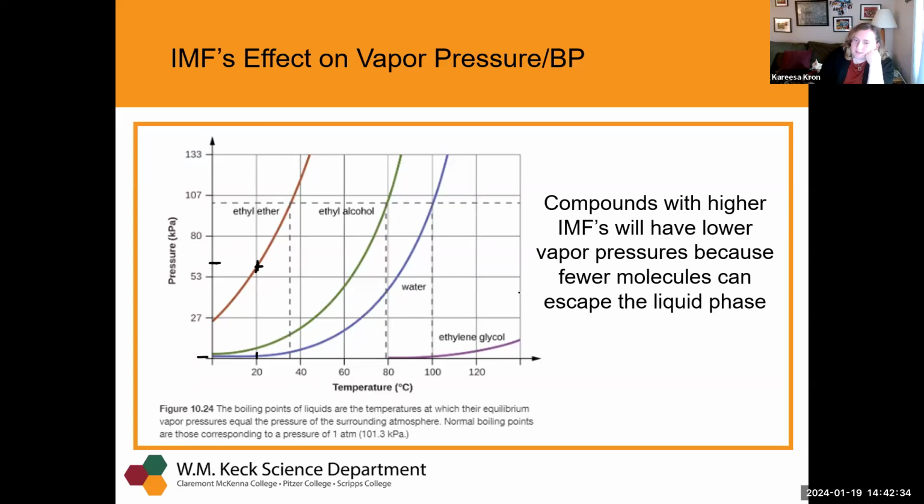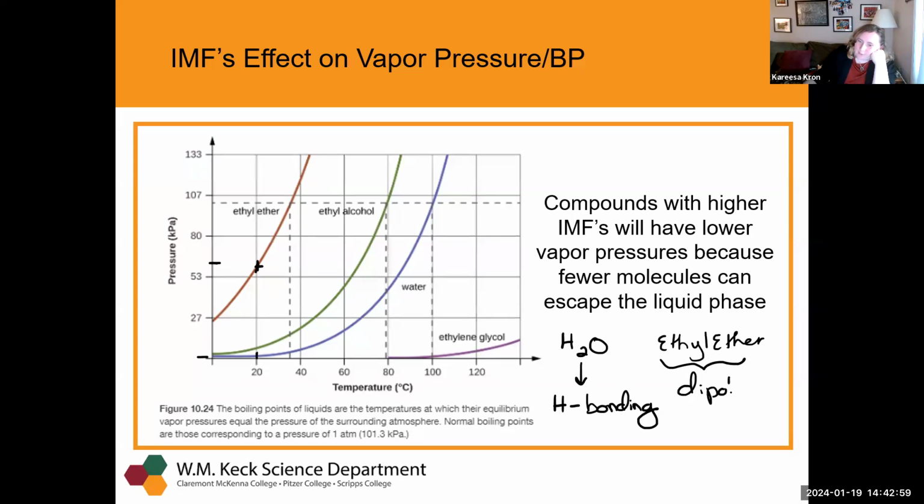If we think about this in terms of intermolecular forces, H2O versus ethyl ether, H2O can participate in hydrogen bonding, dipole-dipole bonding and dispersion, whereas ethyl ether can only participate in some dipole-dipole interactions.